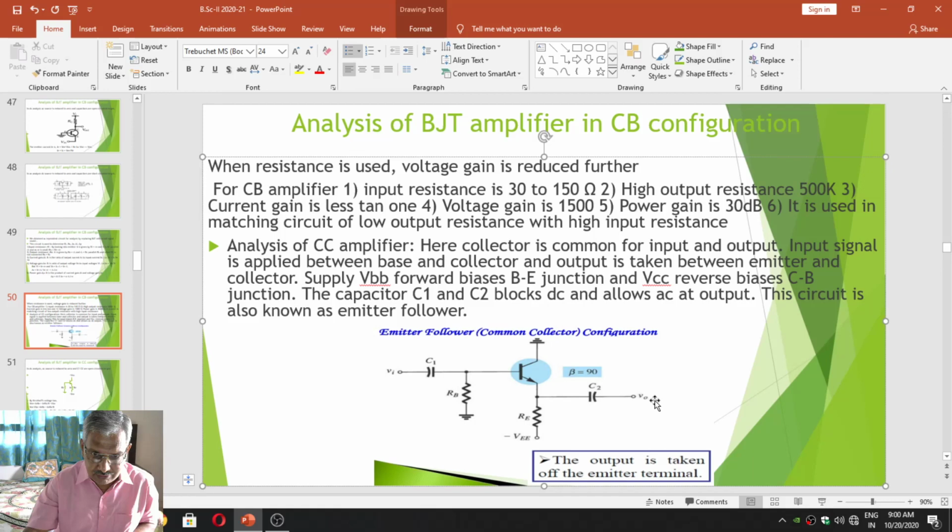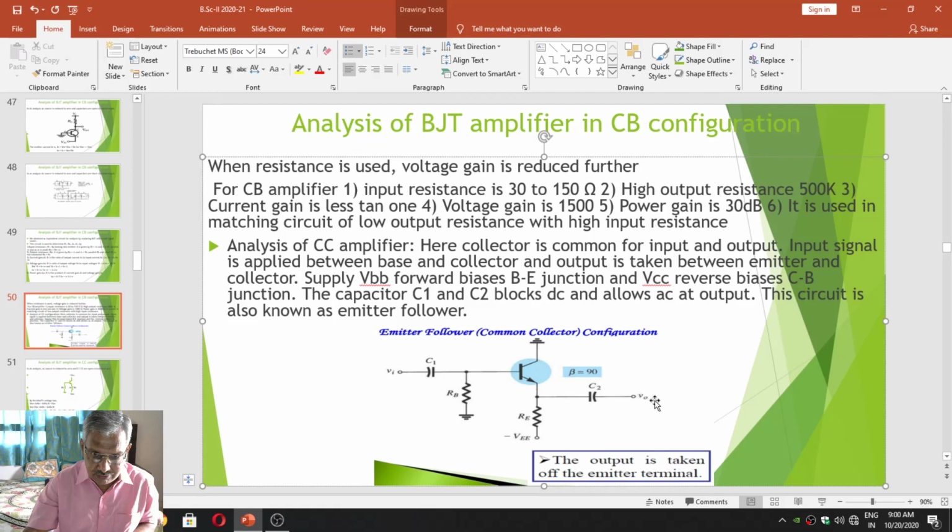In this case, and also it couples output signal to the measuring device.